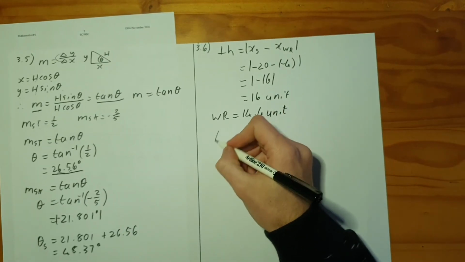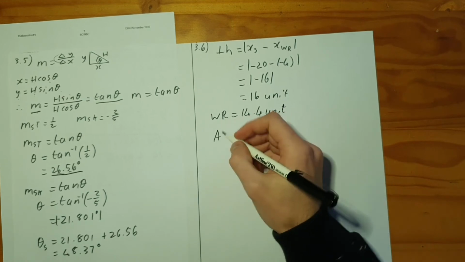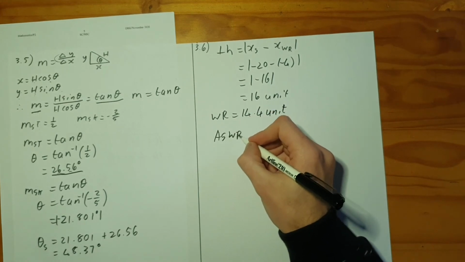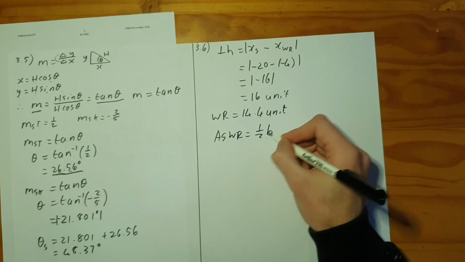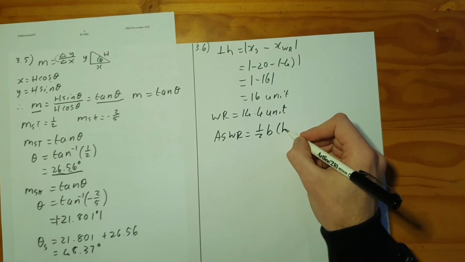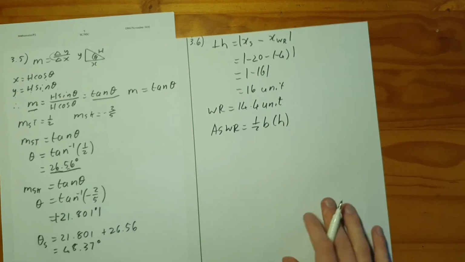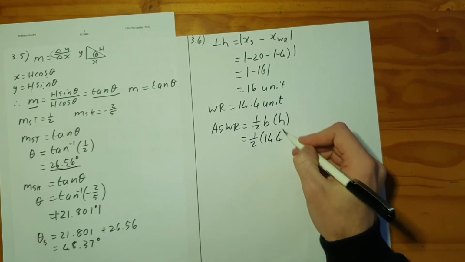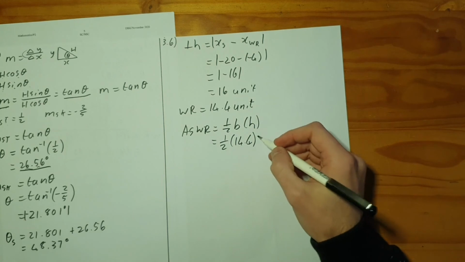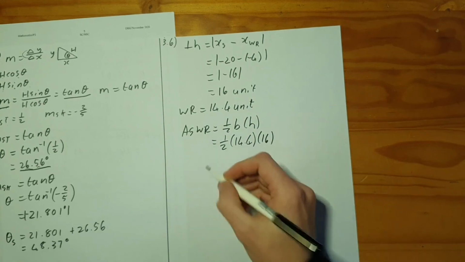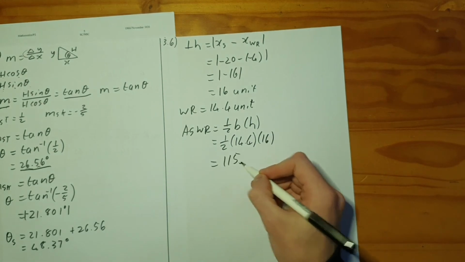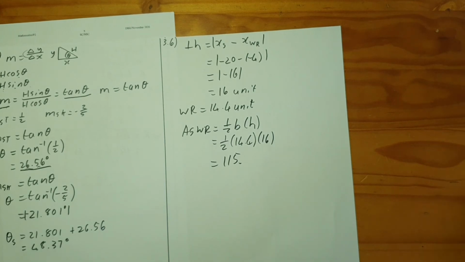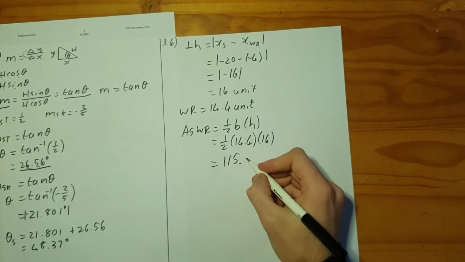So therefore the area of the triangle SWR is going to equal half my base times my perpendicular height. So that's a half times 14.4 multiplied by my perpendicular height, which is 16, which gives me 115.2 units squared.